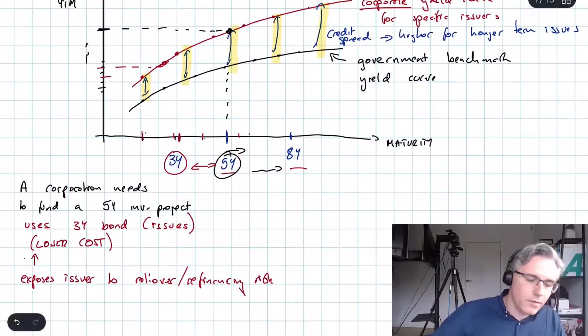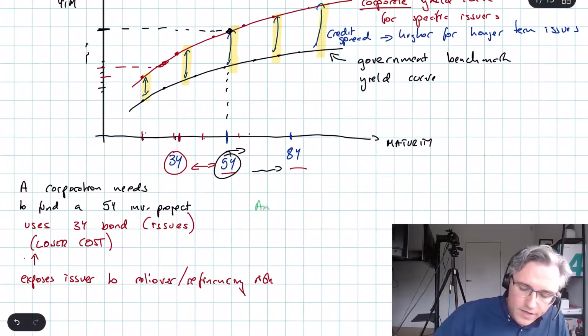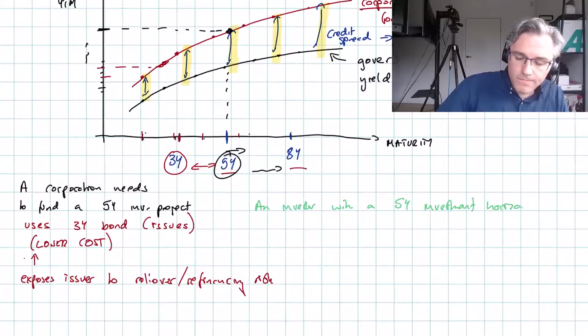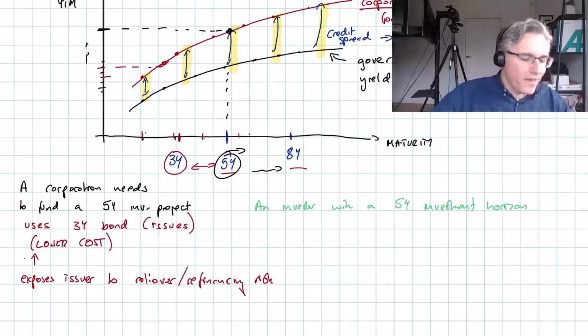Now, something similar may be happening from the perspective of the investor. You may have an investor with a 5-year investment horizon. So somebody who knows they can commit the money for 5 years, but then they'll have to cash out, liquidate the investment because of some need to spend on something.